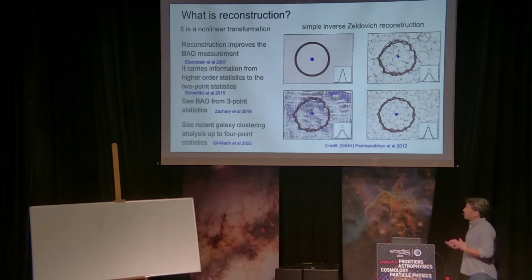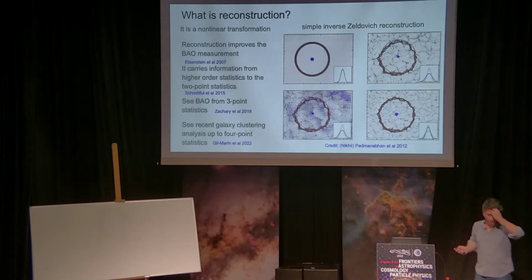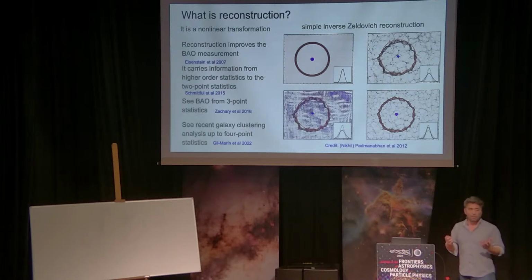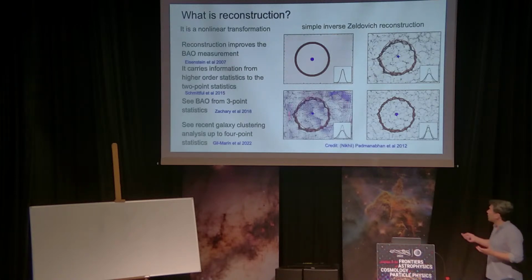Okay, now what is reconstruction? Because this is what I'm talking about. It's essentially a nonlinear transformation. And usually in our context, many times people, when they refer to reconstruction, they mean undoing the effects of gravity. So by having some time machine where you take structures back in time and you manage to recover a more spherical baryon acoustic oscillation, more spherical spheres.